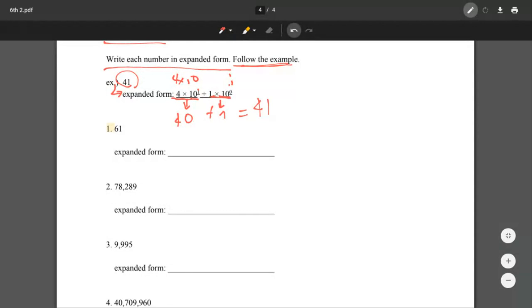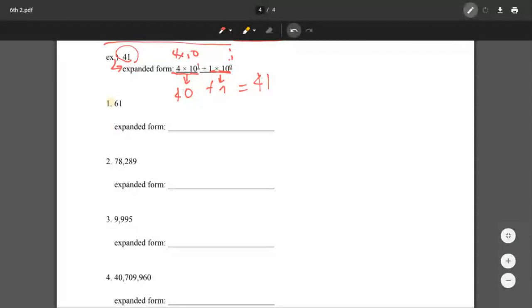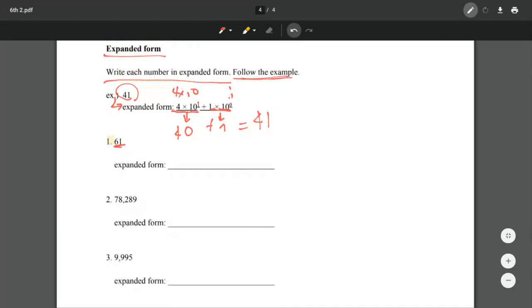Okay? And so let's do number 1 together. We have to write 61 in expanded form. Okay? And so first, we're going to follow the example. First, we're going to have to make 60.